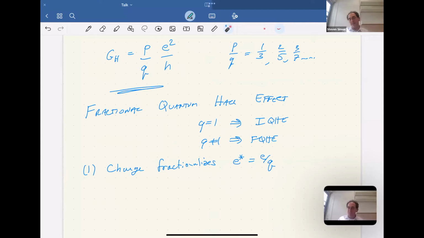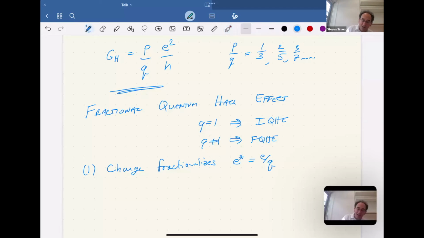Now, you might say that's kind of cheating, because the physical state is still made up of electrons underneath. And the Byers and Yang theorem applies to electrons, which is the physical theory underneath. So that's not enough to get you around the Byers and Yang theorem.